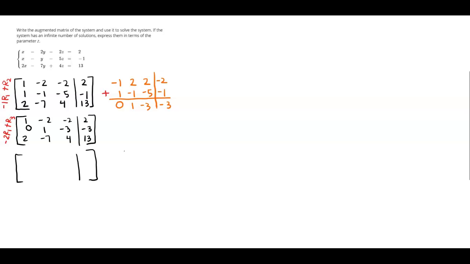So let's go ahead and write our row 1 and row 2 in. Right, and then my row 3, I'm going to do a little bit of work out here. Like I said, you can do this in your head, and the way I usually go about it is I'll do -2 times 1 is -2 plus 2 is 0. And I'll kind of go about it that way.